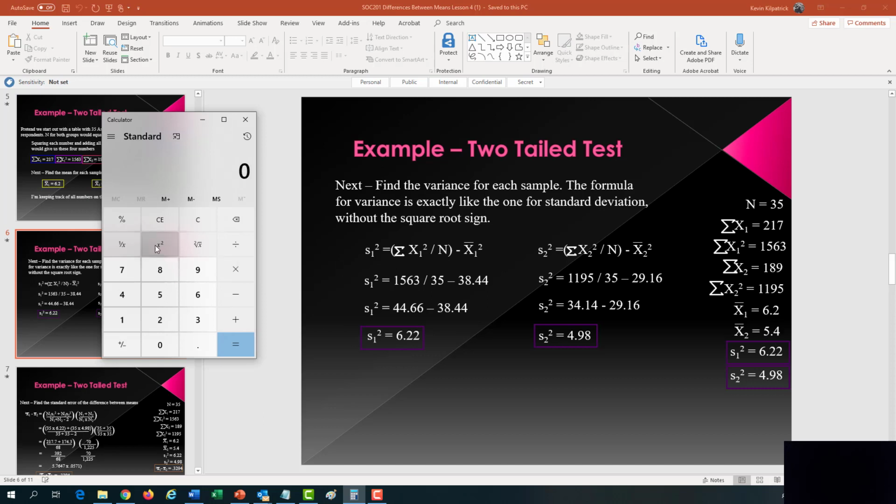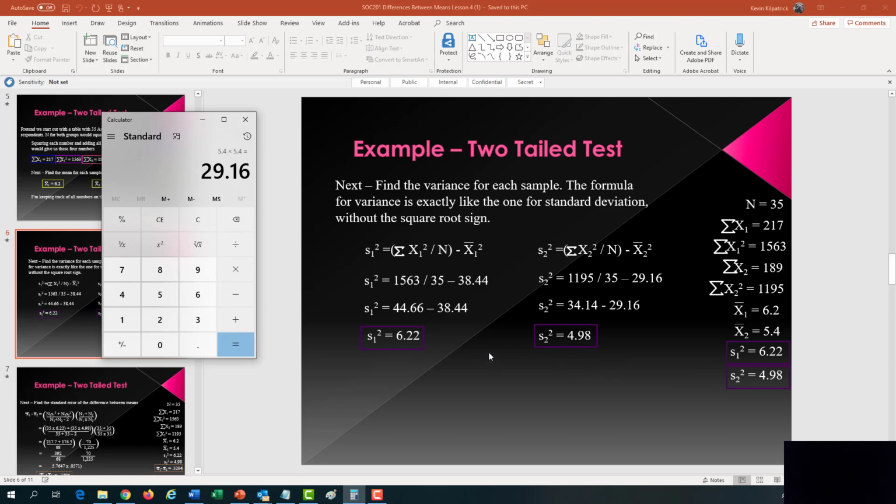So I'm just going to multiply 5.4 by itself and get 29.16, and that's how I got this number. If I do this division, I'll get 34.14, subtract 29.16 from that, and I'll get a variance of 4.98. And I'm going to take that number and put it over here.